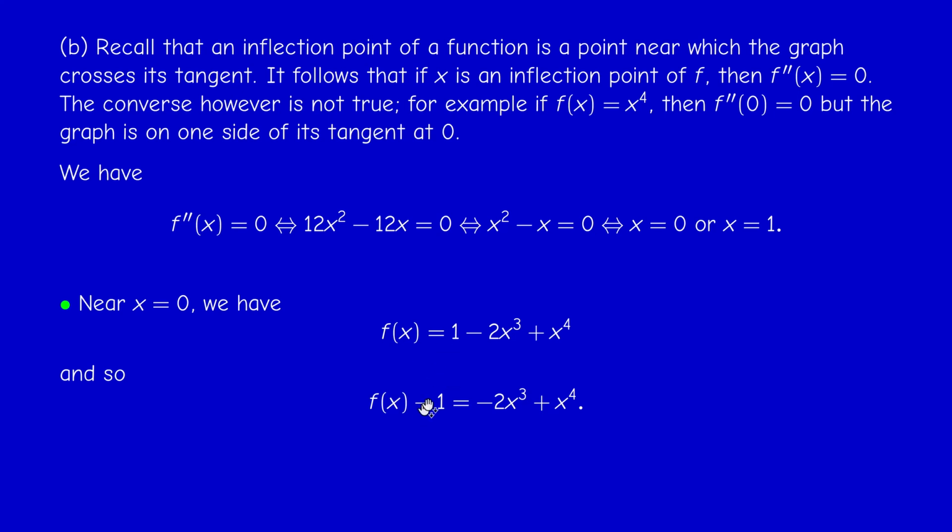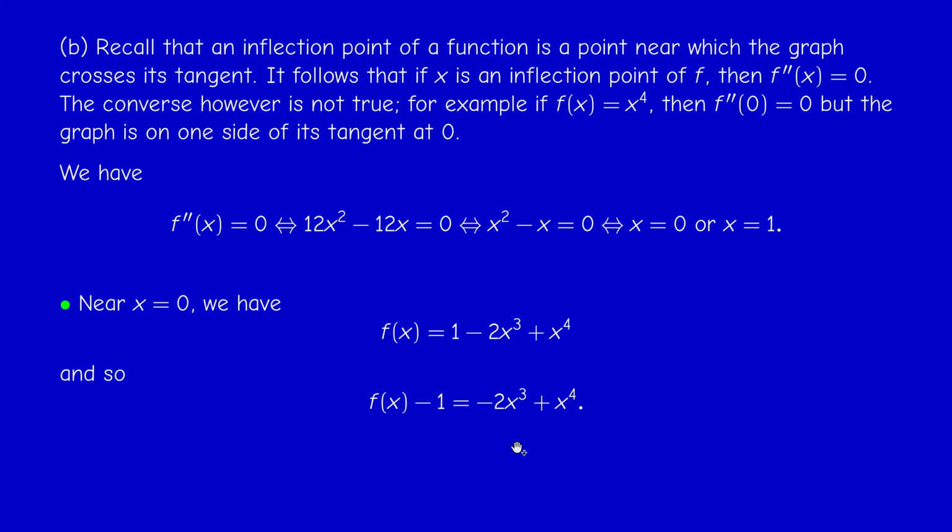So when I look at the sign of f of x minus its tangent, I get minus 2x^2 plus x^4. So what does this mean? It means that, of course, near 0 this is the dominant term. This is negligible, right? So if x is negative, this quantity is positive. And when x becomes positive, it becomes negative.